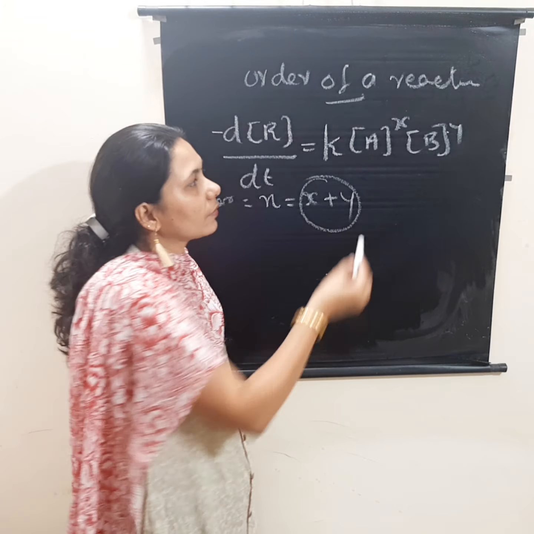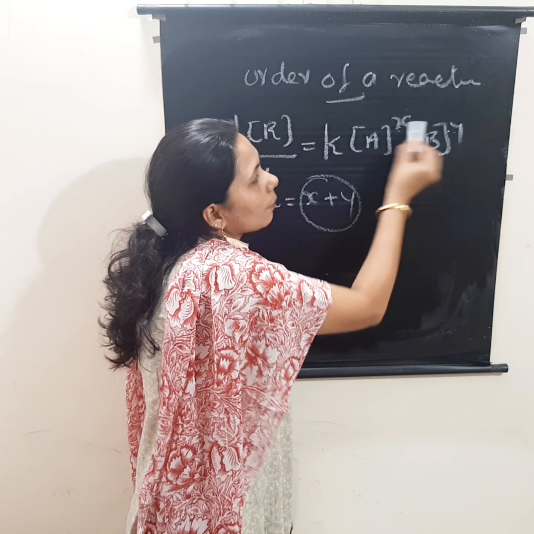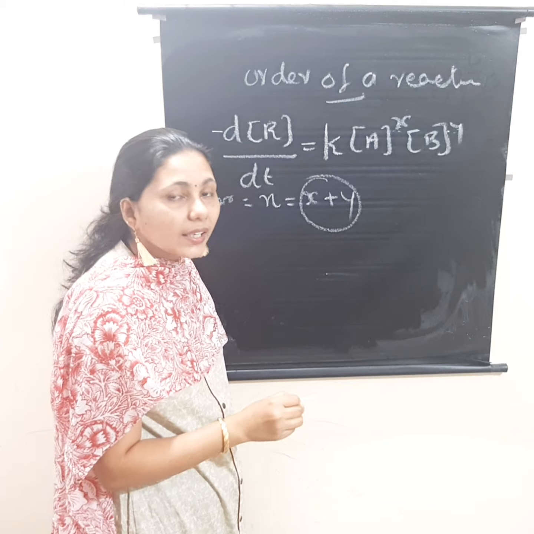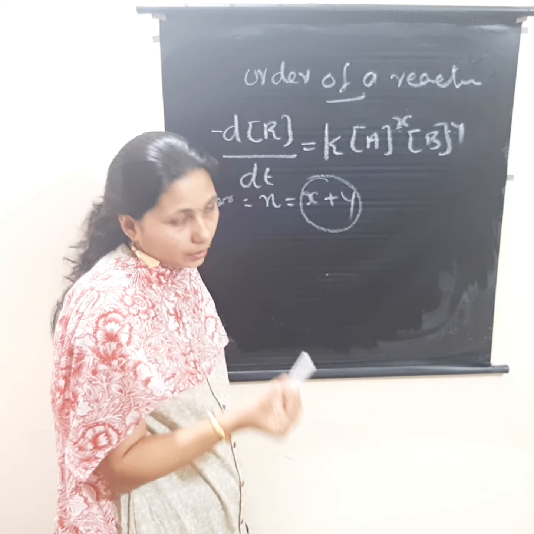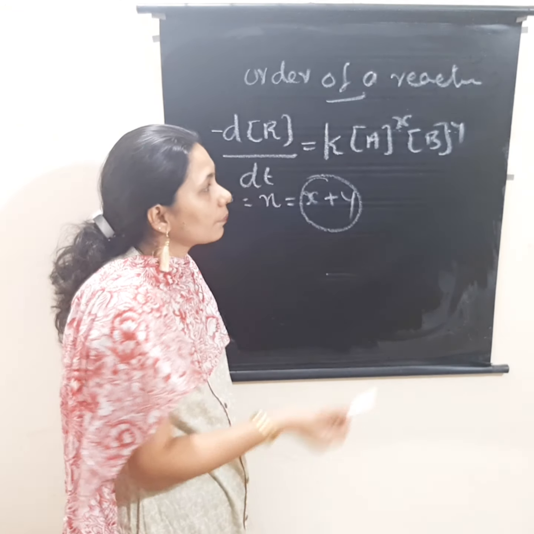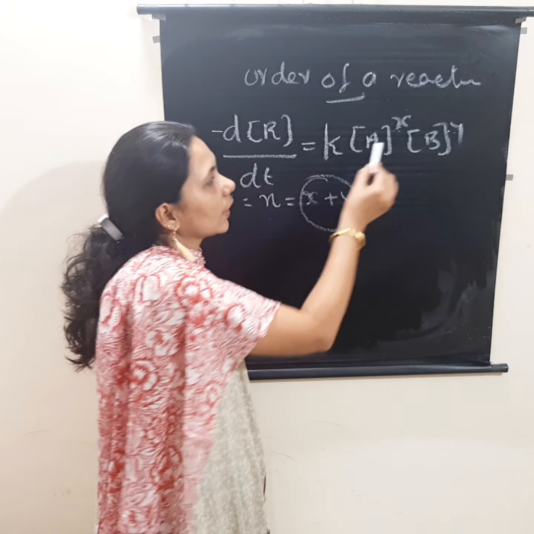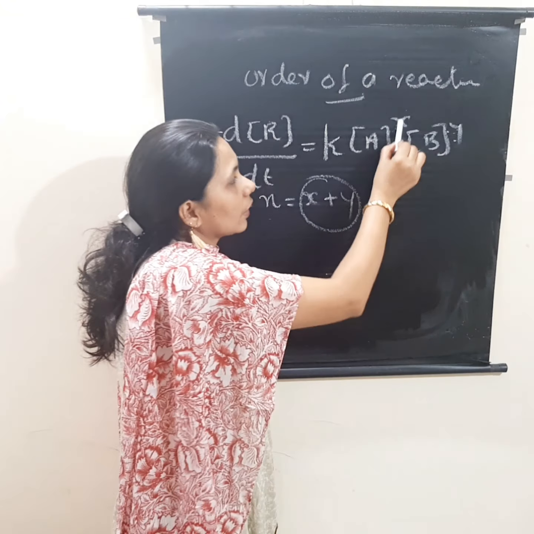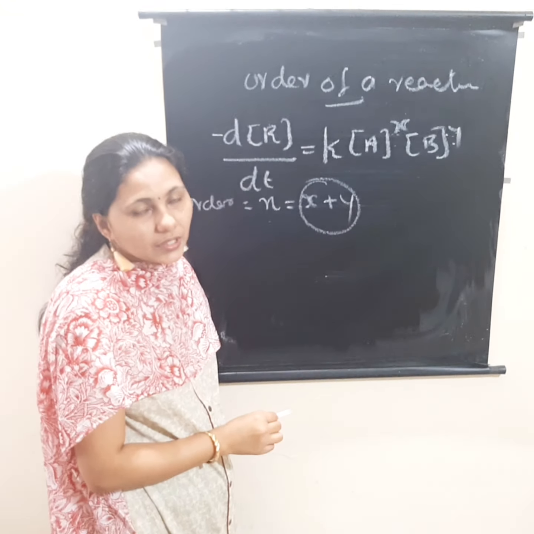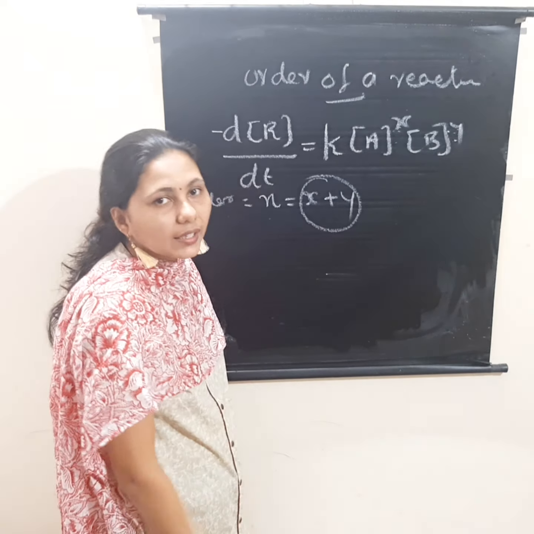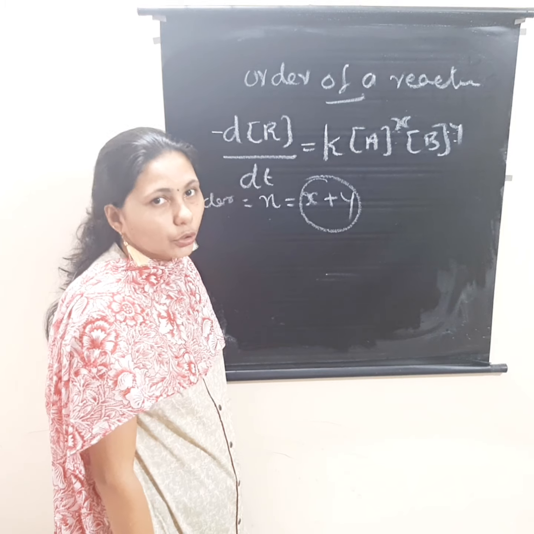Simply we can say it is the sum of the powers of reacting species, in which expression? The differential rate expression. So here n equals x plus y. It is the sum of the exponents, or the sum of the powers of reacting species in the differential rate expression or rate equation.